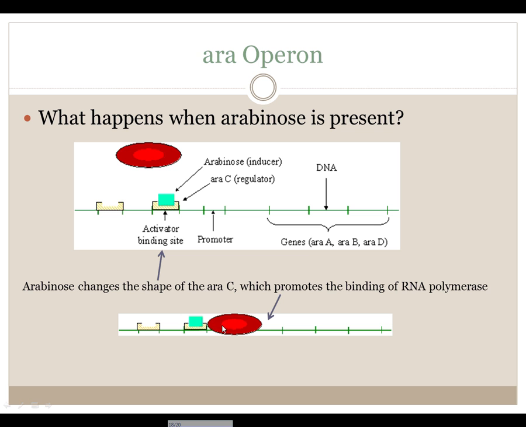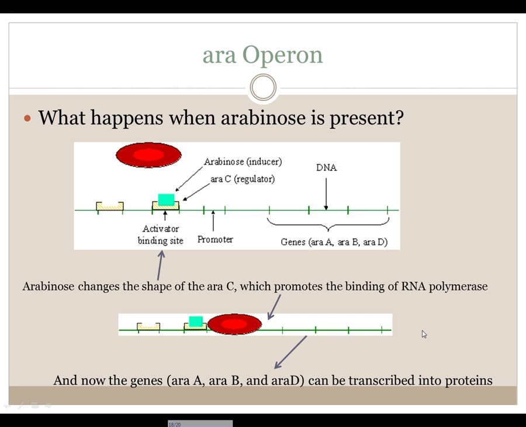And so now the RNA polymerase can do its transcription and translation. And so now these genes, RA, RB, and RD, can be transcribed into the proteins and enzymes, which are proteins, whatever it happens to be making here.